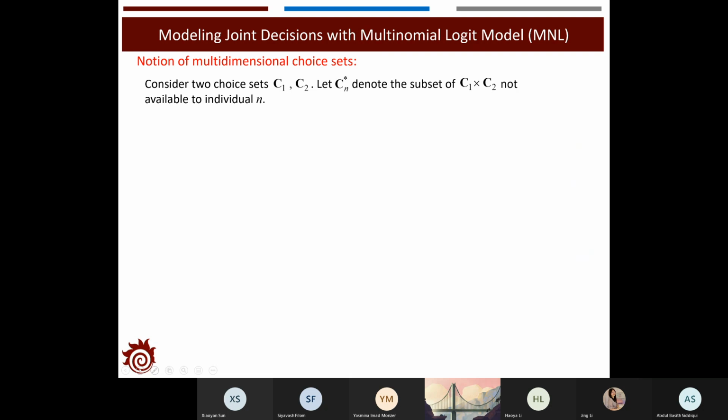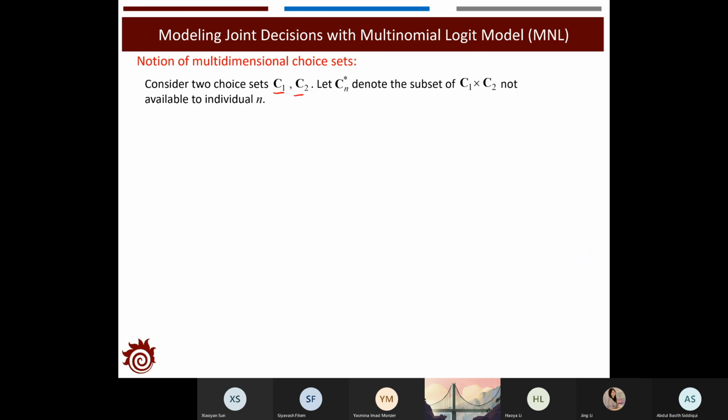So let's just start with this consideration. Here we will have two sets of choices, C1 and C2. C1 is for the mode, and C2 is for the destination.